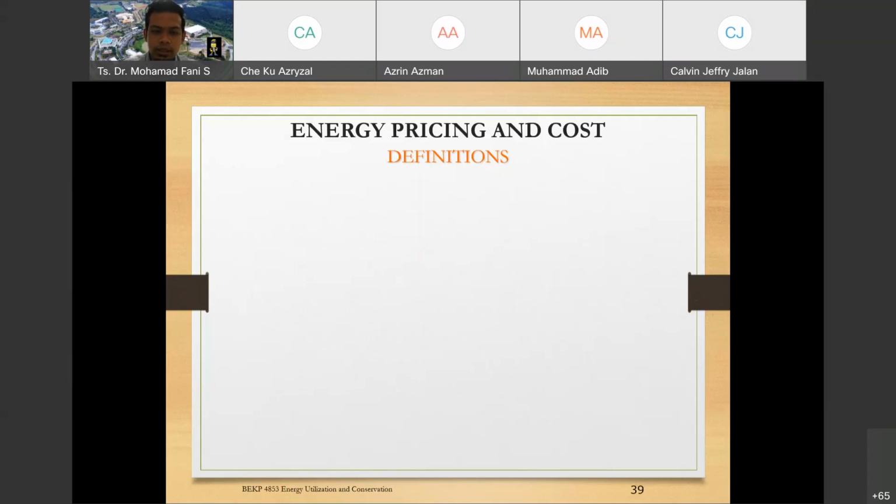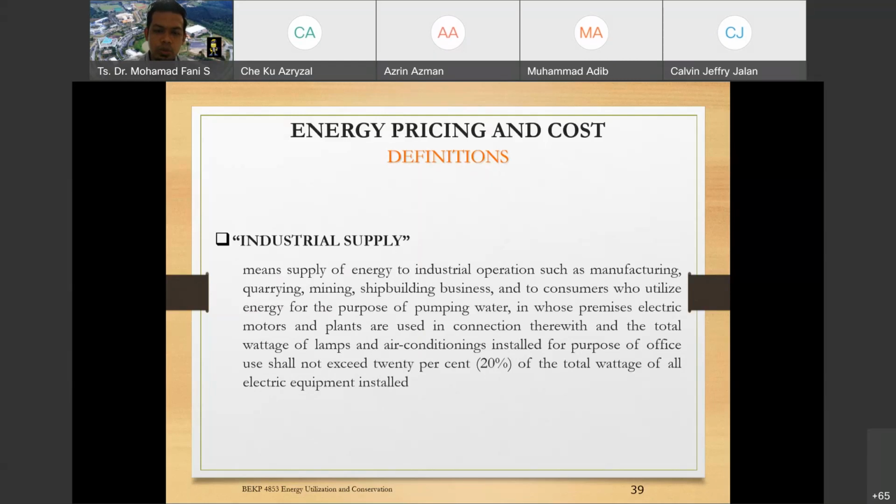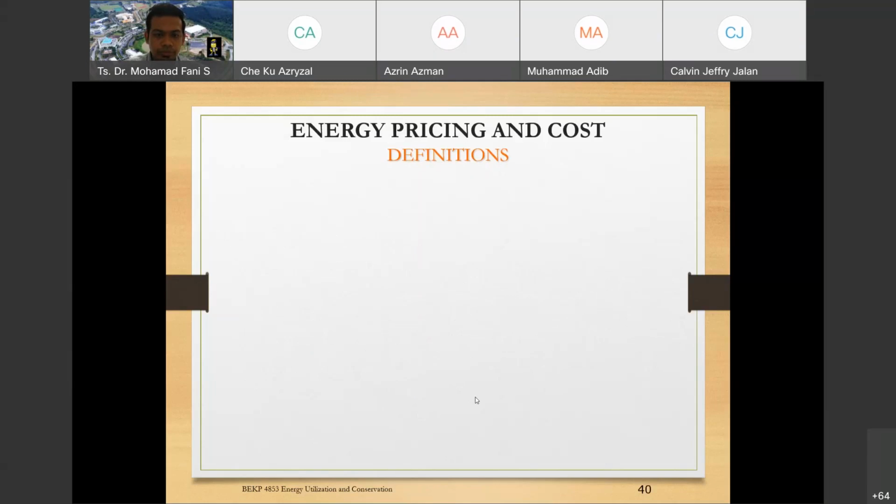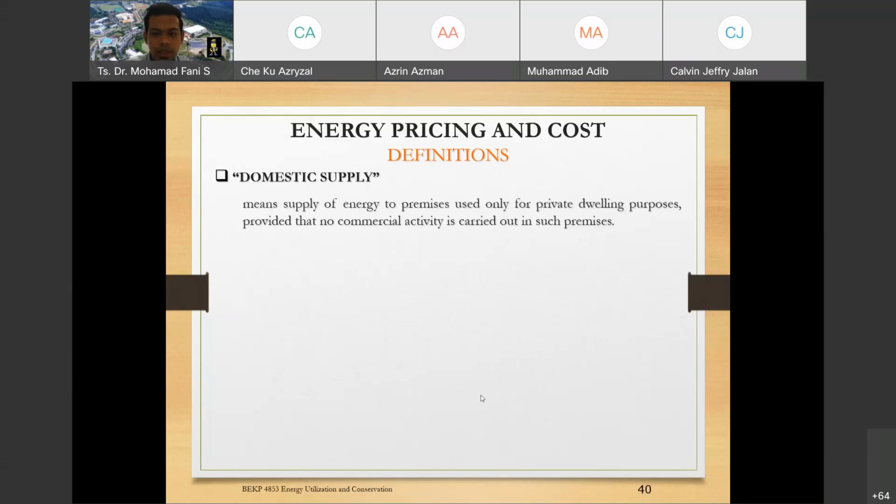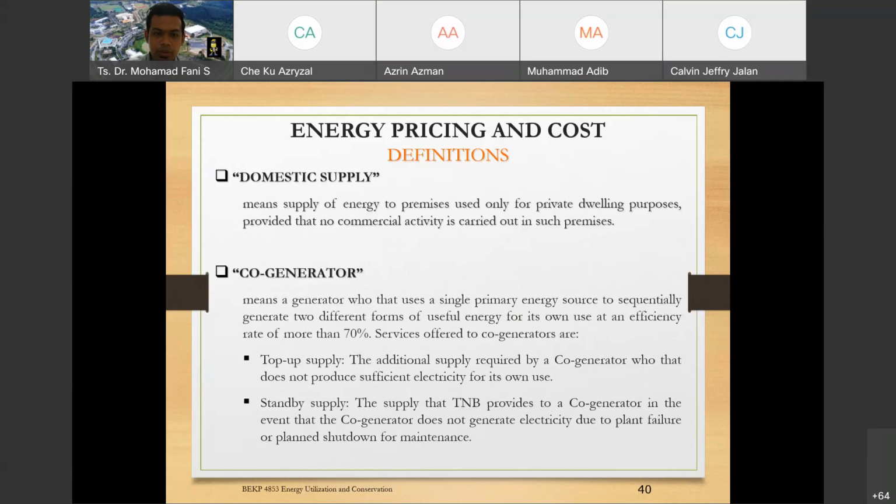Instead of commercial, we have industrial, especially manufacturing, quarry, mining, shipbuilding business, etc., that are related to processing something. Okay, pumping water for water treatment plant, etc. Gas plant, chemical plant. Domestic supply means residential, so that one is the domestic.